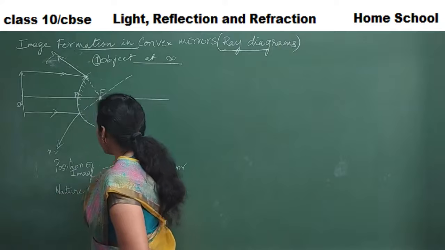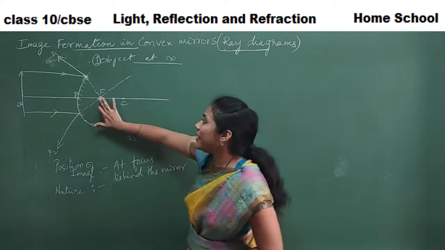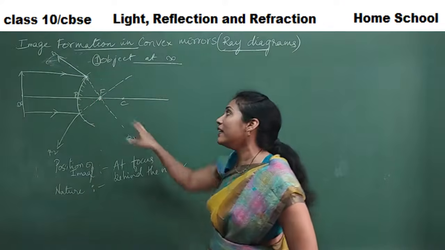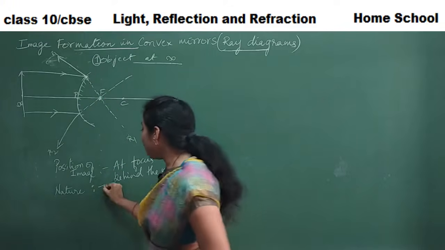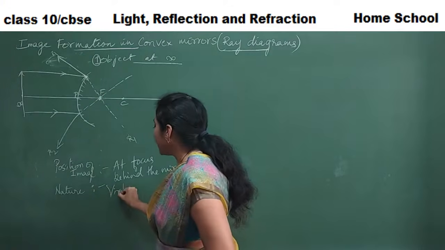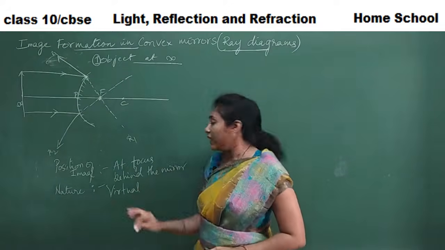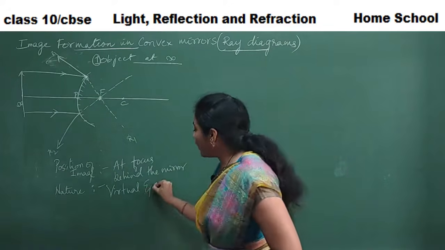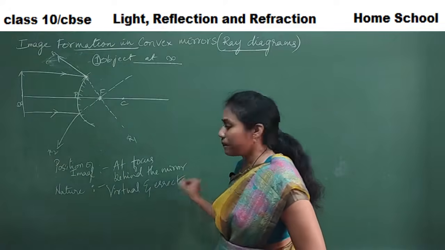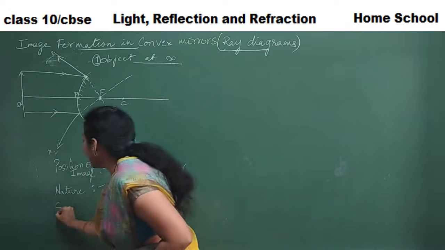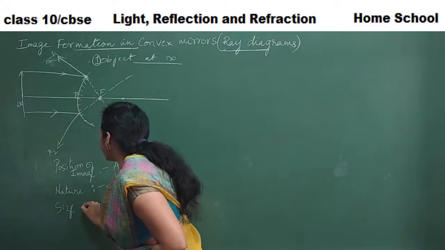What is the nature of the image? Since the image is forming behind the mirror, definitely it should be virtual. I told you, if the image forms behind the mirror, it is always virtual. If something is virtual, that will always be erect. And coming to the size of the image here.